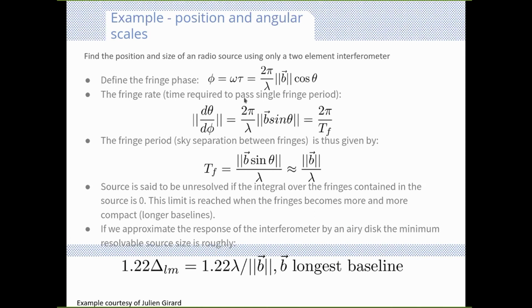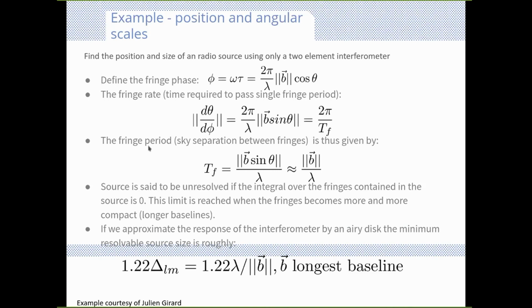In the star term, if we differentiate this phase, the angle with respect to the phase, then what we get is the fringe rate. That is roughly going to be equal to 2 pi over T_F, where T_F is the fringe period.